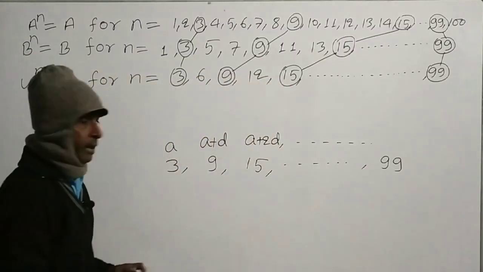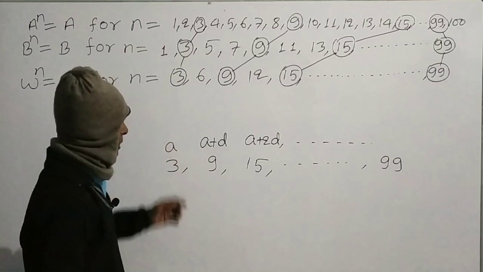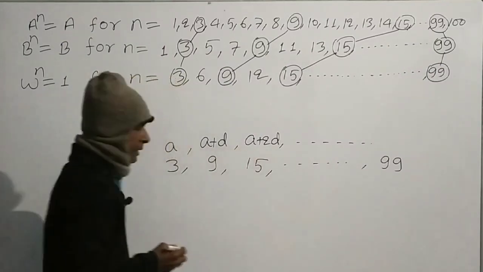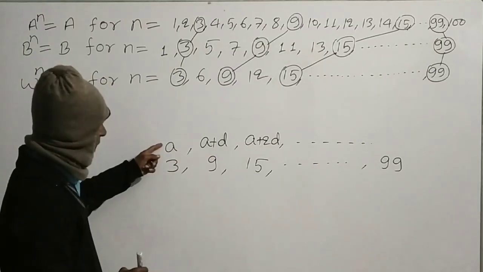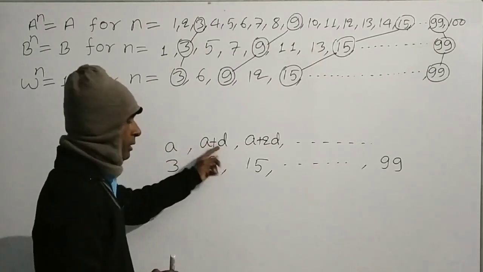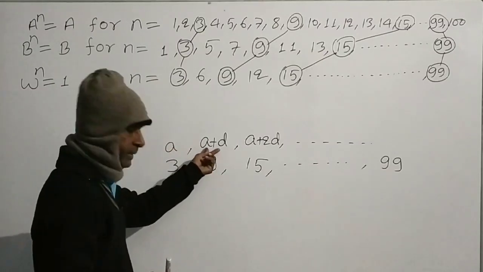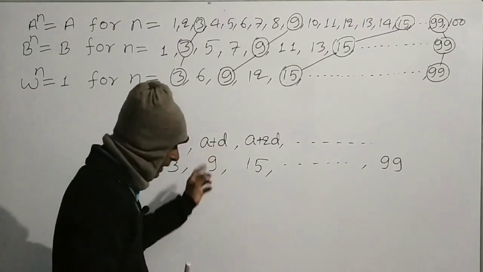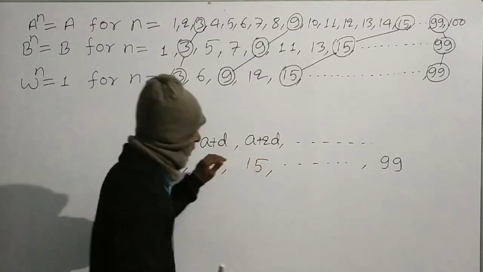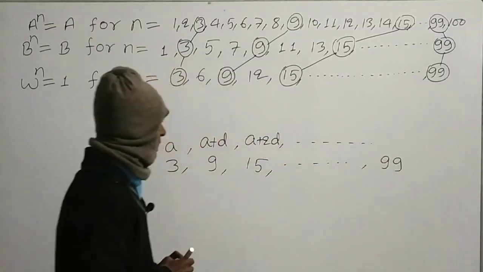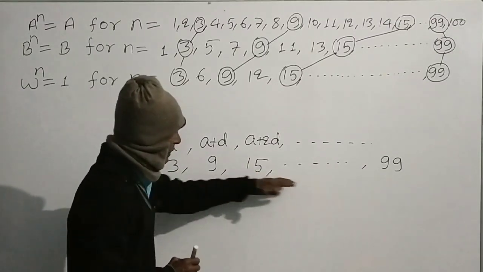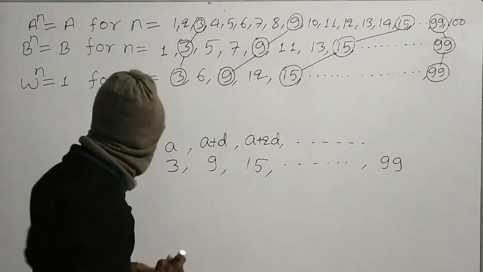When numbers are written with this rule, that we write any number A and add some number D to A to get the next term, again add D to A plus D to get the next term, in this way numbers are written, then we say that these numbers are in arithmetic progression.